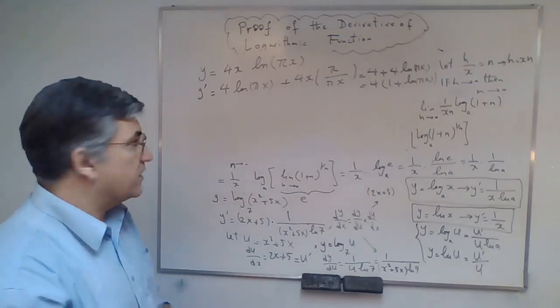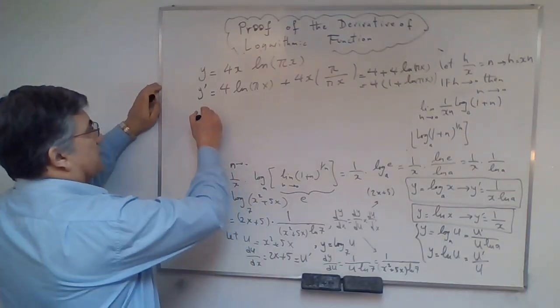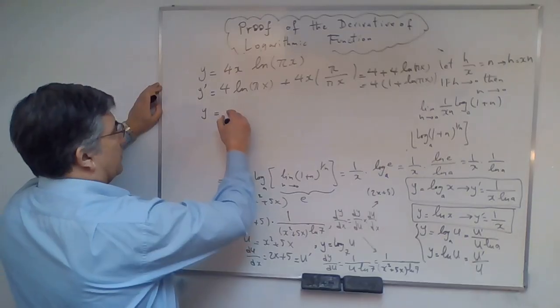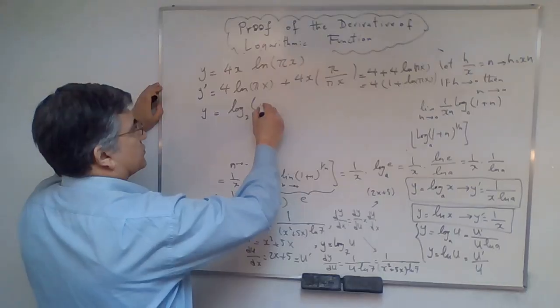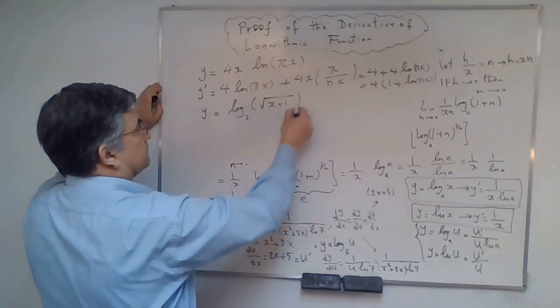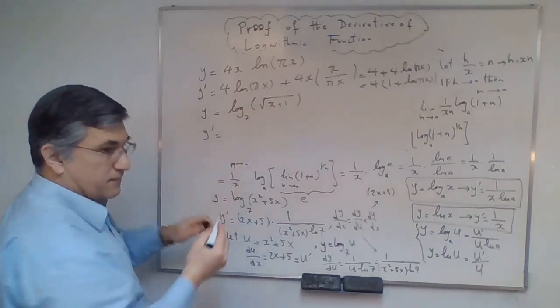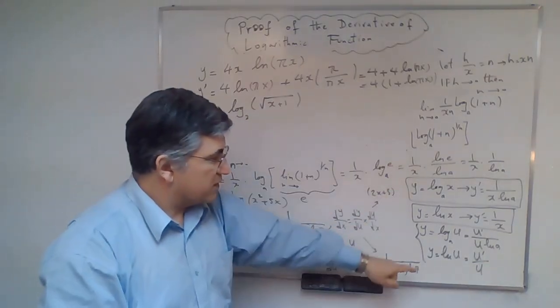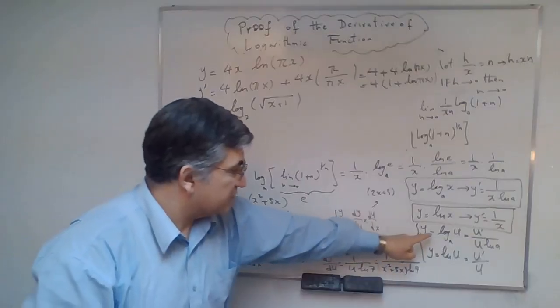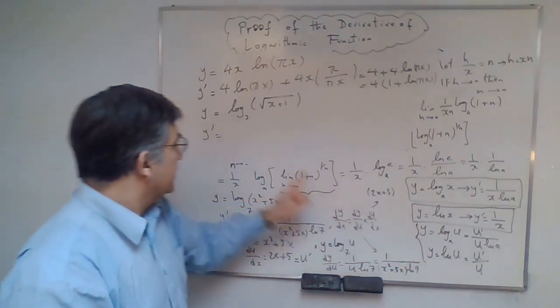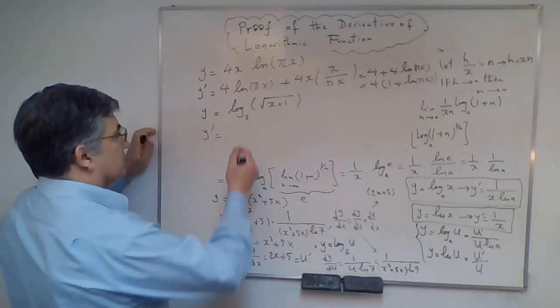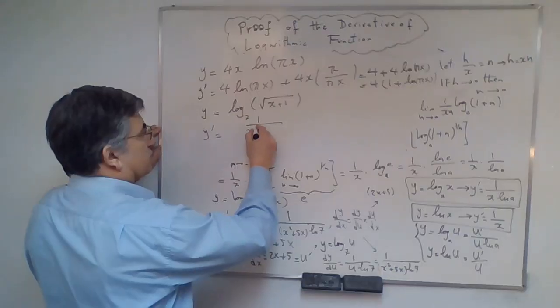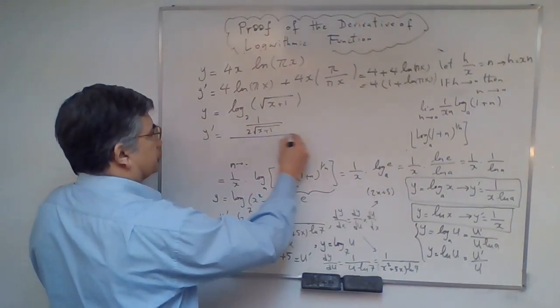Okay, and then maybe another example of log base 2 of square root of x plus 1. What is the derivative of this function? Well, which one of these 4 formulas should we apply? I think we have to use this one, log of u base a. So the answer is u prime, which is the derivative of the radical. So that would be 1 over 2 square root of x plus 1.